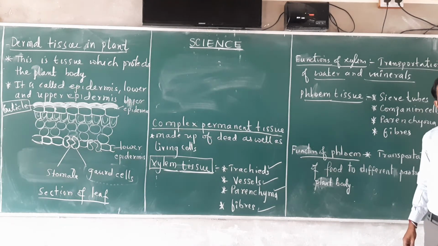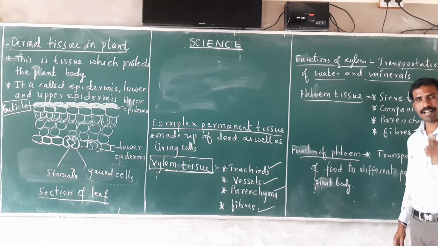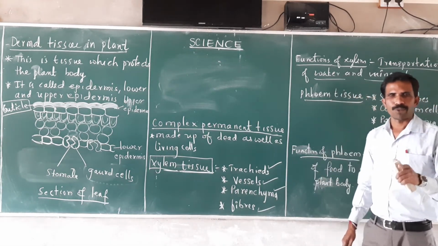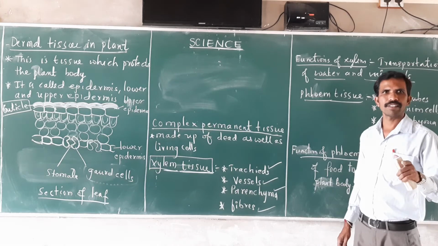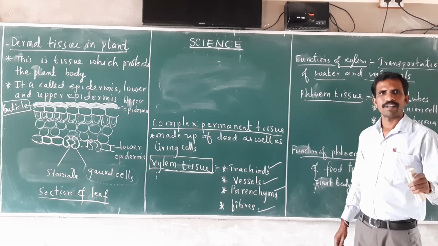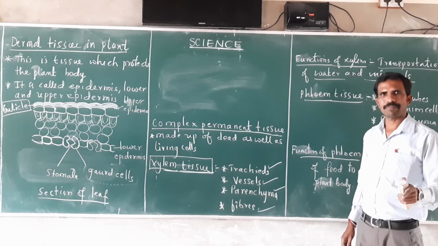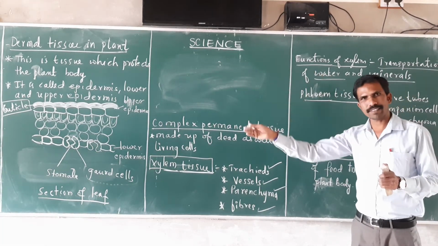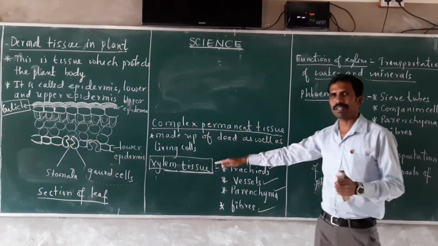Leaves are the site of photosynthesis, where photosynthesis actually happens. During photosynthesis we need carbon dioxide, minerals, and water especially. The water is carried to the leaves for photosynthesis with the help of xylem tissue.